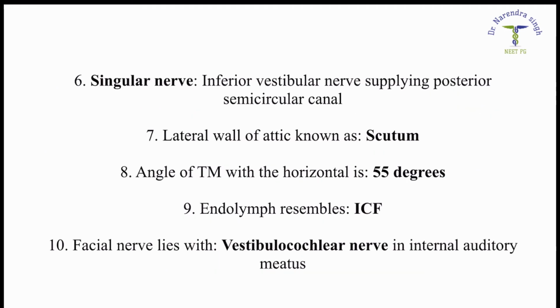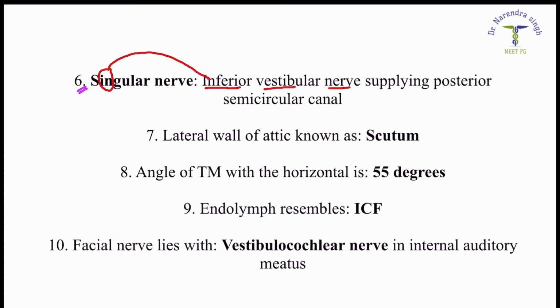Coming to the sixth question, that is the singular nerve. This is a commonly repeated question. It says the inferior vestibular nerve. Singular, we have to keep in mind IN.